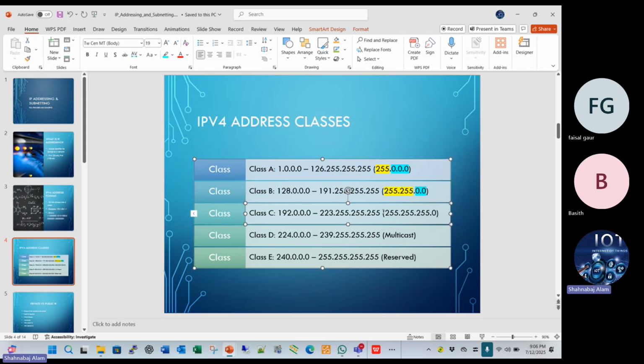For class C, we have a 24-bit network ID and an 8-bit host ID.